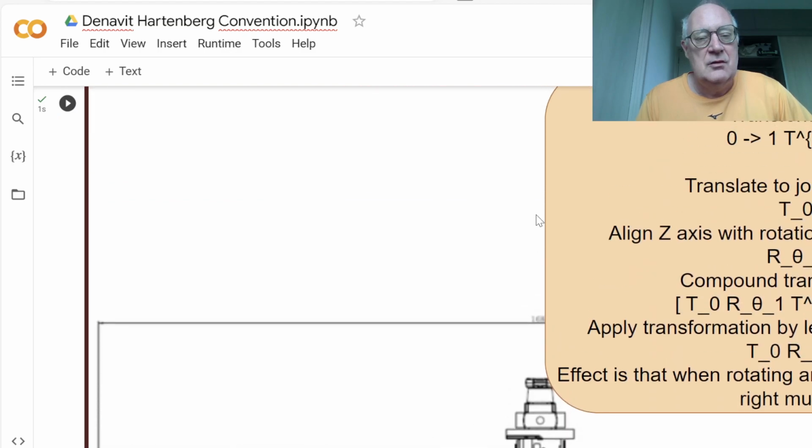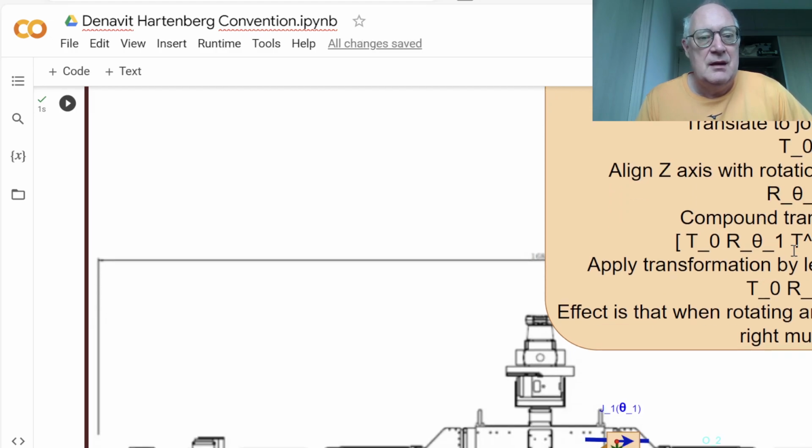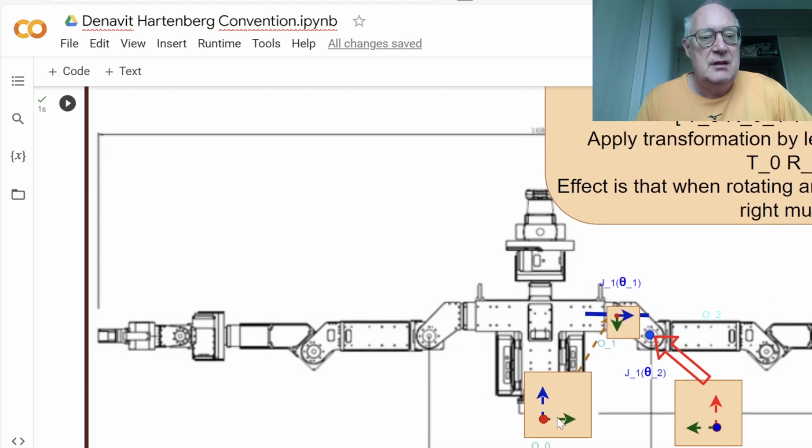And just as a reminder, the compound transformations: we go from the inertial frame, translate to the first location that we have, which would be the axis of our torso, and we aligned it. This is our inertial frame.